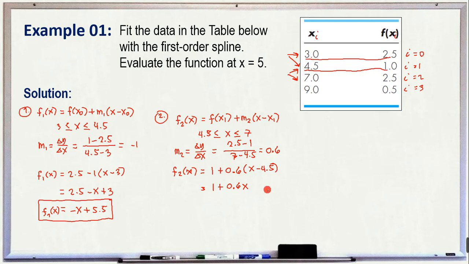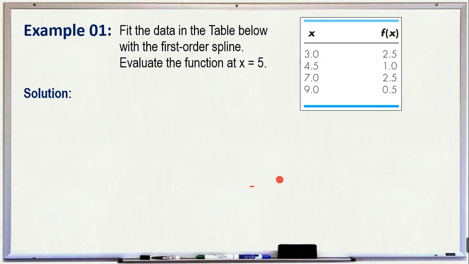Pila may 0.6 times 4.5? Pila? This is negative. Agoy. Di na ito mabalik. Balik kita ni. We have, ako let's what diri na? F of x1. This is negative x.